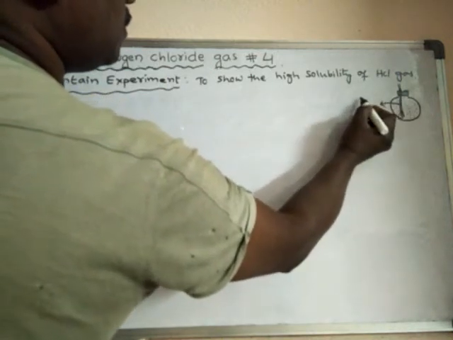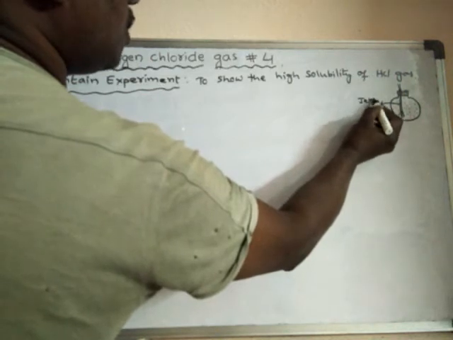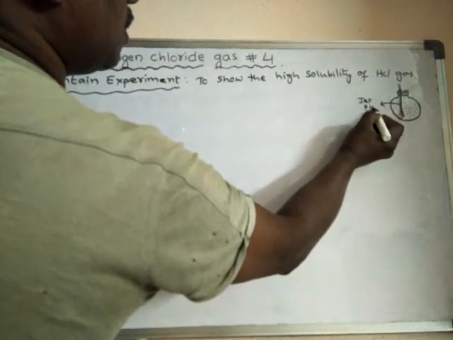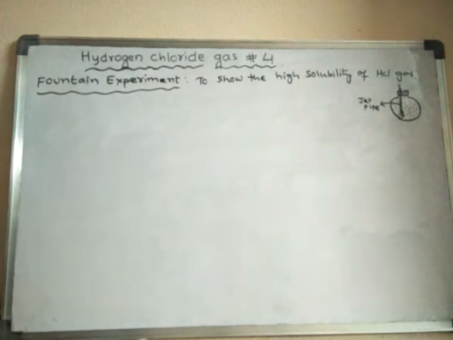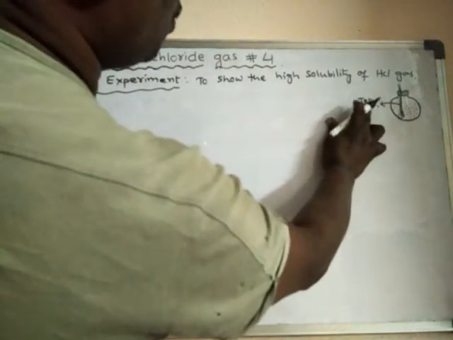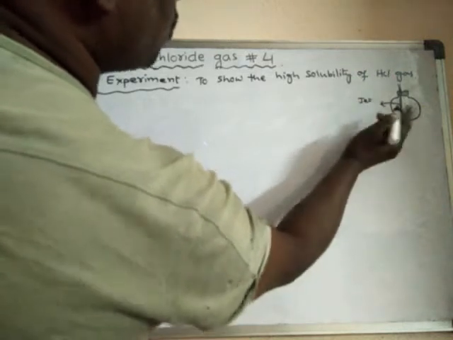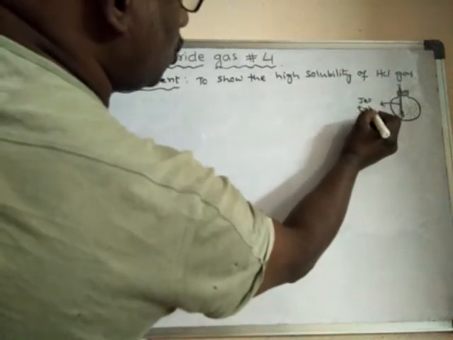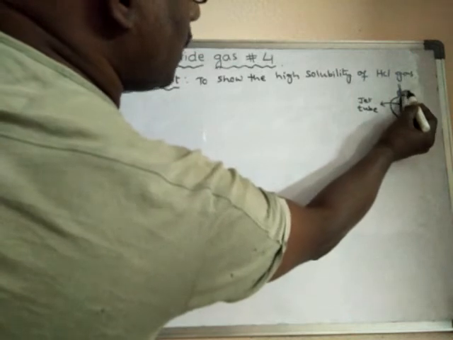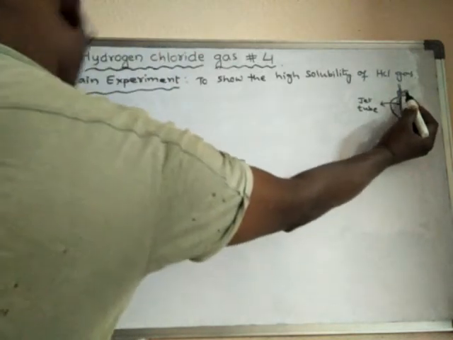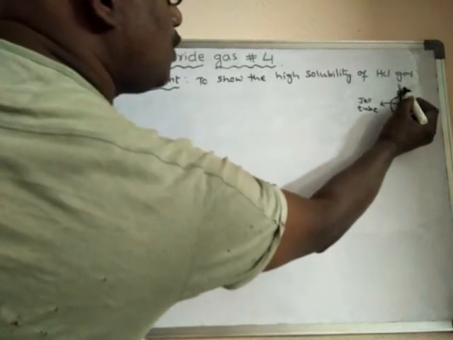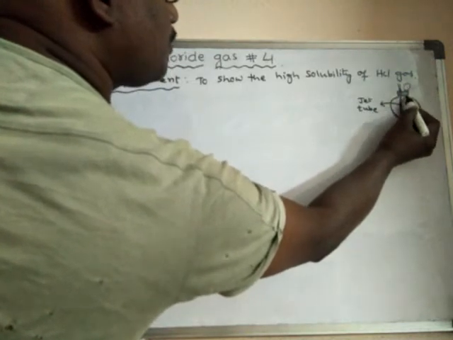This is called a jet pipe, or else a jet tube. We may call it a jet tube also. And into another hole, you introduce a dropper.